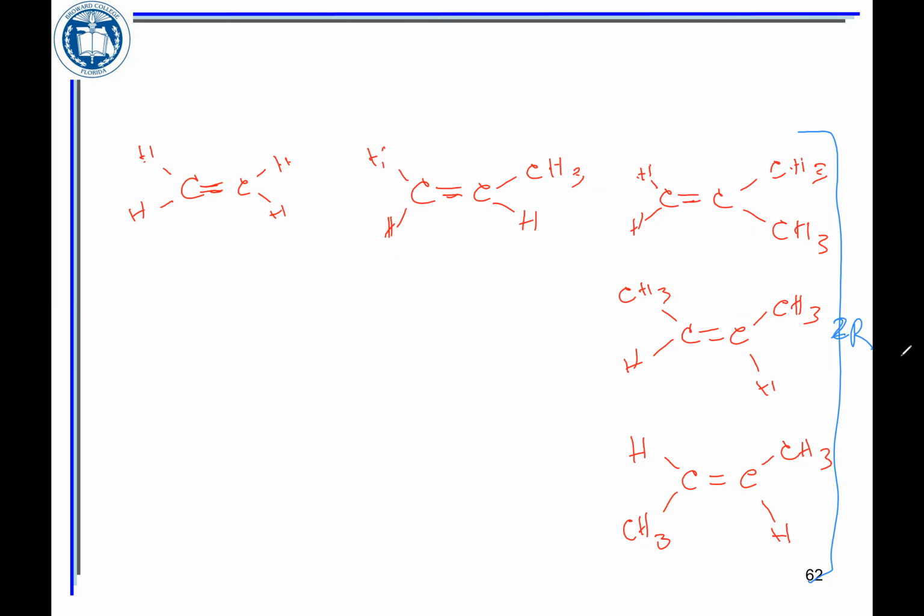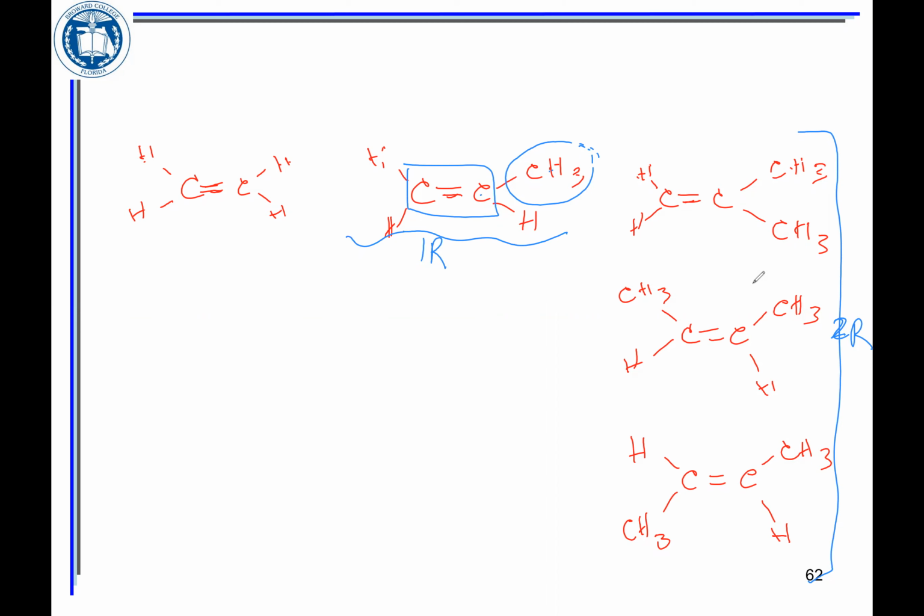alkene. What does 2R alkene mean? If we take the R as an alkyl group, this alkene has only one R group attached to the CC double bond. In order to have an alkene, you must have a CC double bond. So this is unavoidable. You have to have these two carbons. And if you look at this structure here, only one alkyl group is attached to the CC double bond.